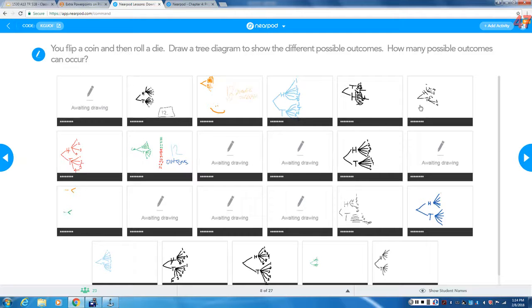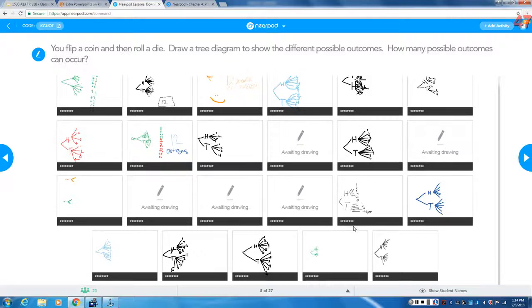And then there's a smiley face. Sometimes people just draw a picture. And people are entering things. That's everybody's, and I can choose one and make it bigger and display it to everybody.